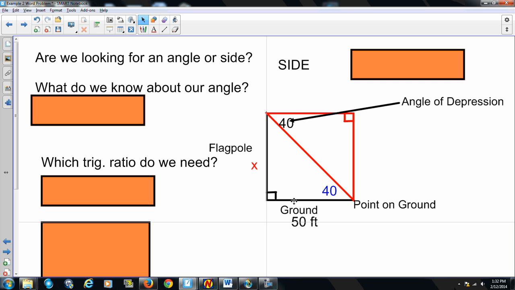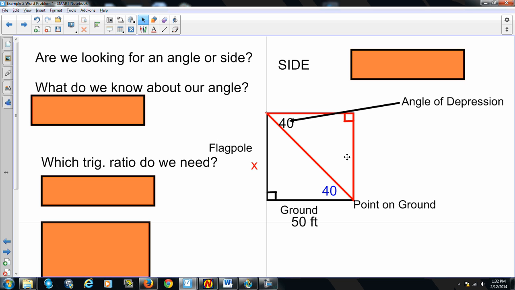When I'm given two parallels, and I have a shared side for two right triangles, this hypotenuse has suddenly become a transversal. And what do I know about alternate interior angles? I know that they are congruent. So I know that this angle right here has to be 40 degrees.